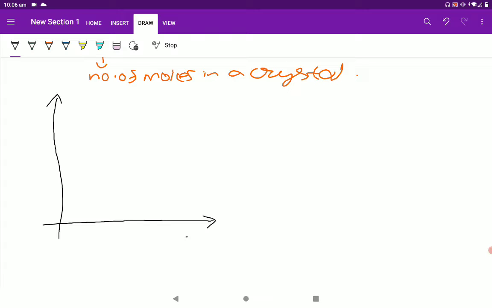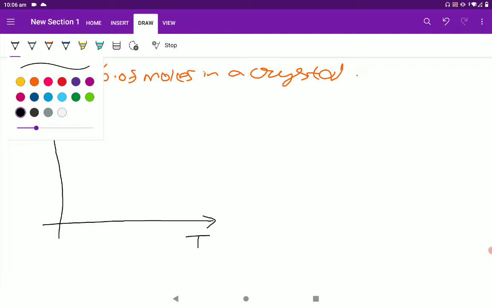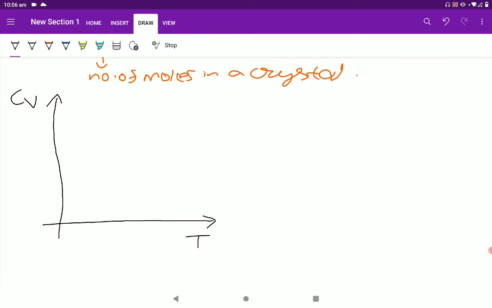On the x-axis there is temperature, on the y-axis there is specific heat at constant volume, and the graph looks something like this. This is 3R here and this is constant here.